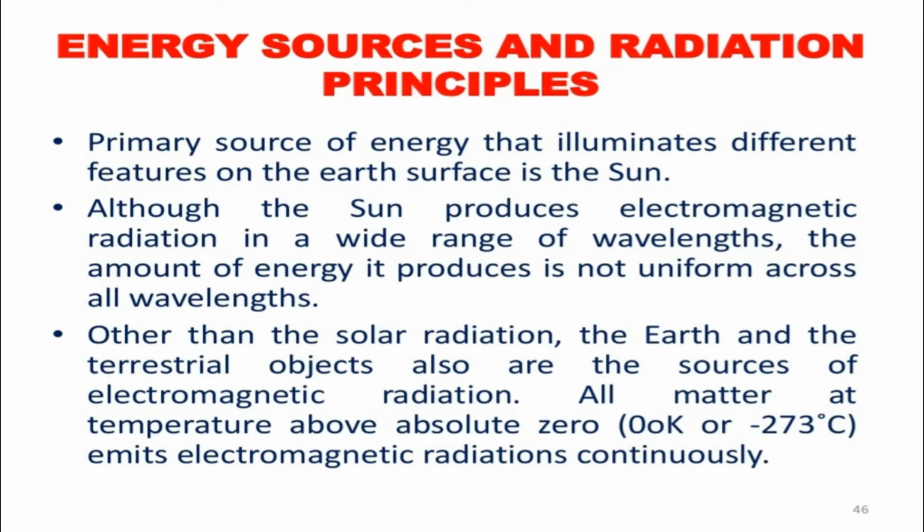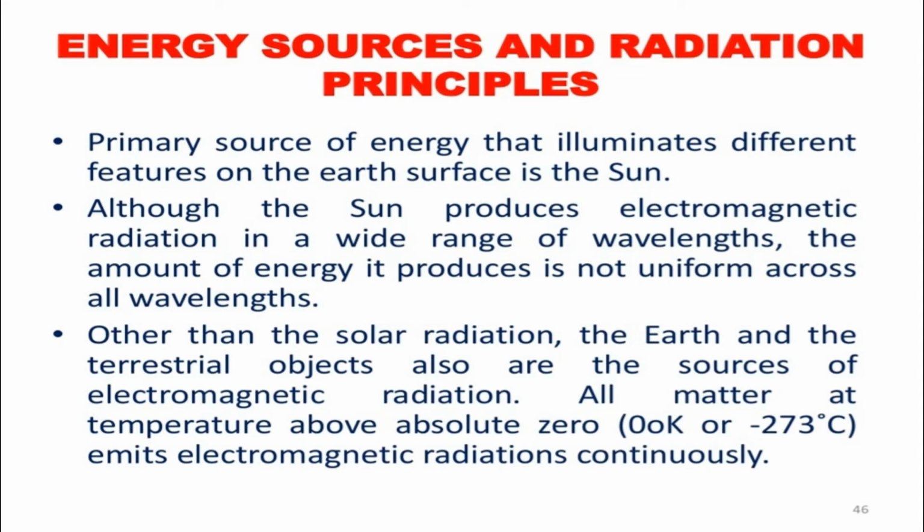The amount of energy produced is not uniform across all wavelengths, because the sun sends ultraviolet rays in a higher amount with respect to the X-rays. Other than solar radiation, the earth and terrestrial objects are also sources of electromagnetic radiation, like other gases, illuminating sources and our devices. All matter at a temperature above absolute 0 Kelvin emits electromagnetic radiation continuously.